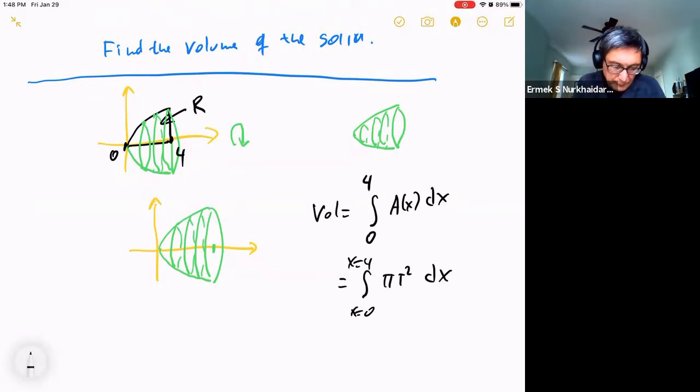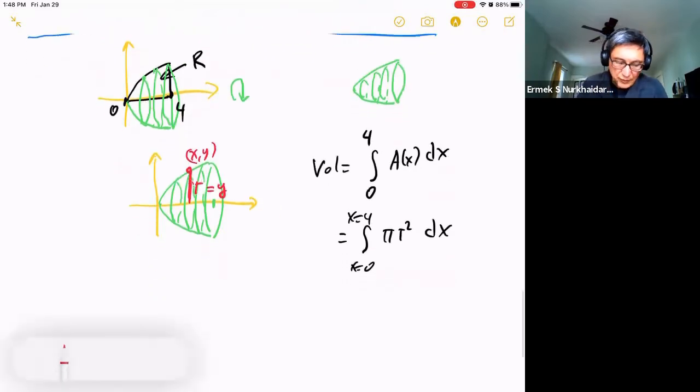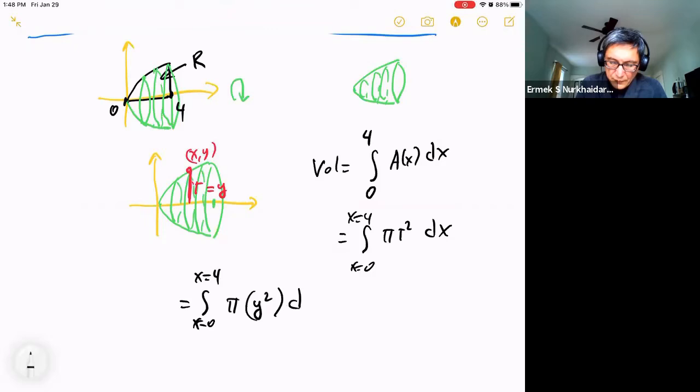So let's have a look. R is this guy. This point has coordinates x and y. Because r is the vertical distance from the point to the x-axis, the vertical distance is the y coordinate. So we're going to get the integral from x equals 0 to x equals 4 of pi y squared dx.